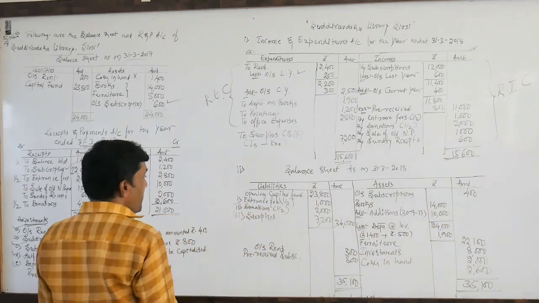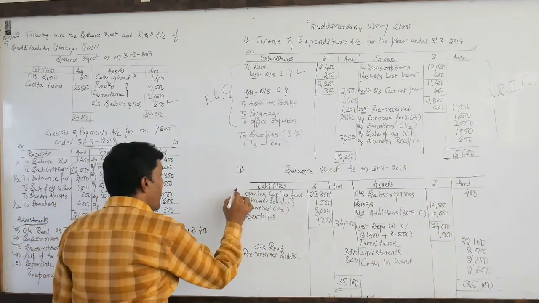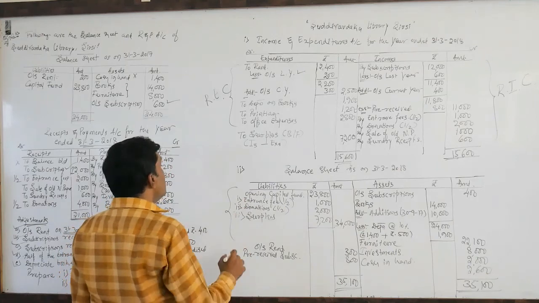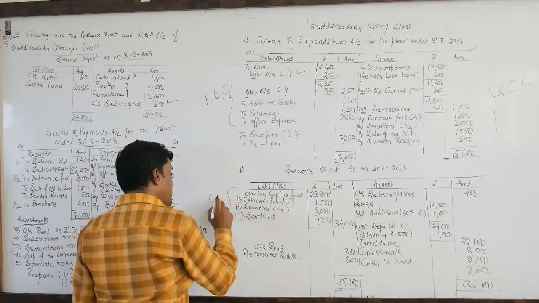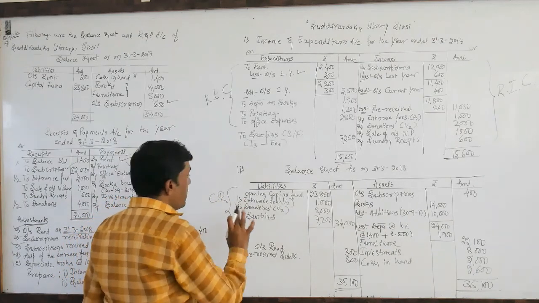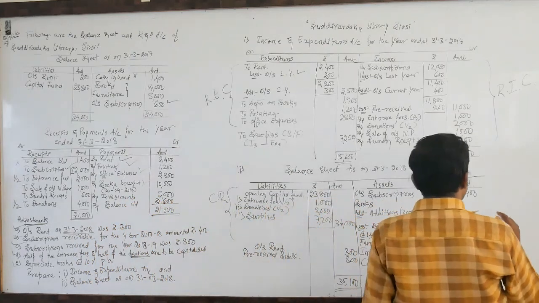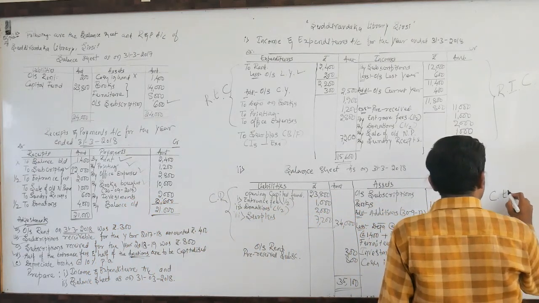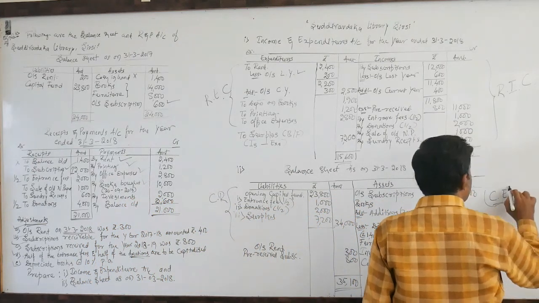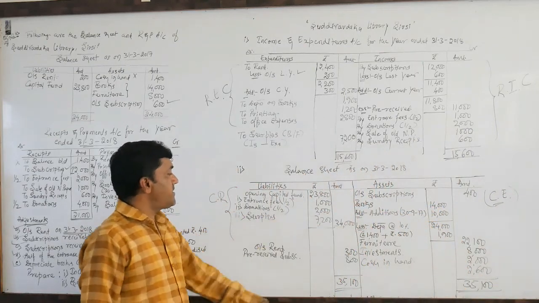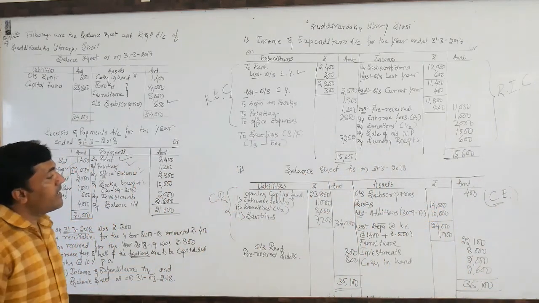Under the balance sheet, on the liability side, are capital receipts, and on the asset side are capital expenditures. Capital expenditures are nothing but the assets. Capital receipts are nothing but liabilities.